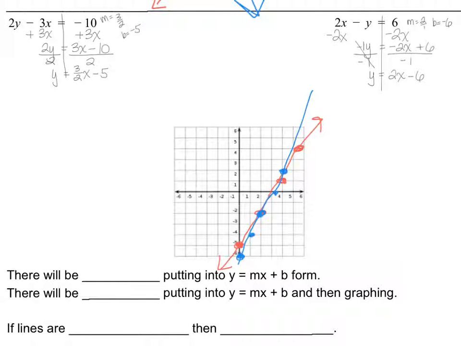Your graph probably looks a little bit better than mine. So your answer is 2, -2. That is where they cross. It almost looks a little bit different, but both points are plotted at 2, -2.